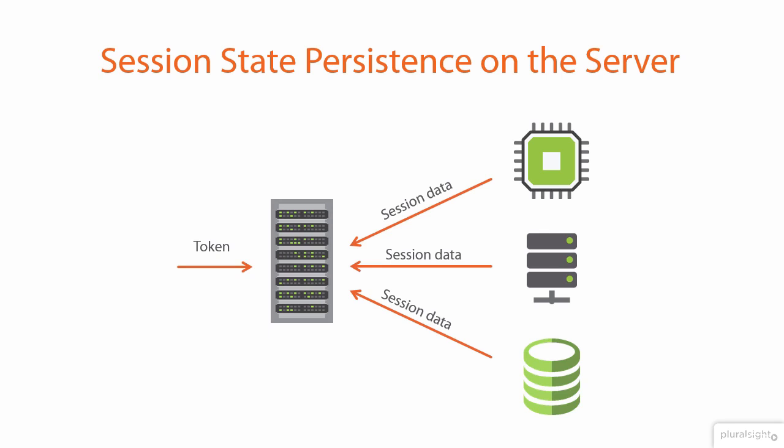When the request comes in with the token, the server can retrieve that data and process it in the context of the user that it belongs to. Each person's data stored in session state should be specific to them. If you give the wrong person the wrong data, that could lead to a session hijacking attack. Because in this sort of model, that session data is usually storing the identity of the user. So you want to make sure that when John makes a request to the server, John gets John's session data.